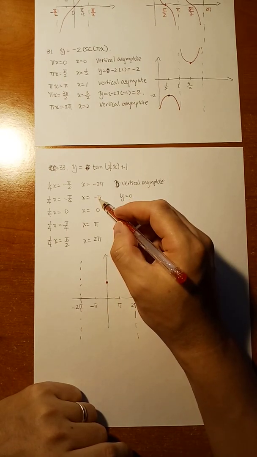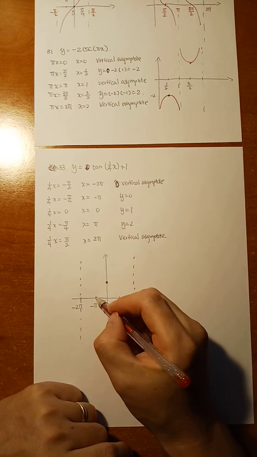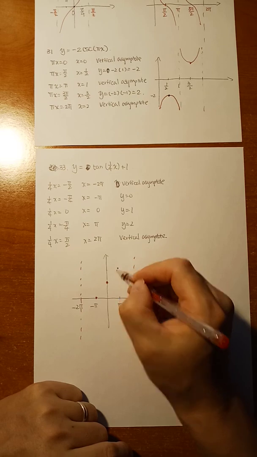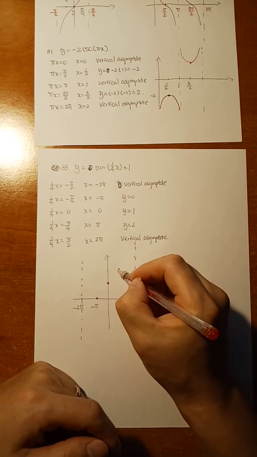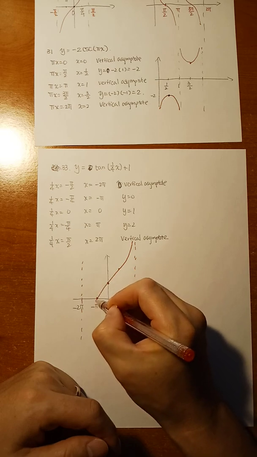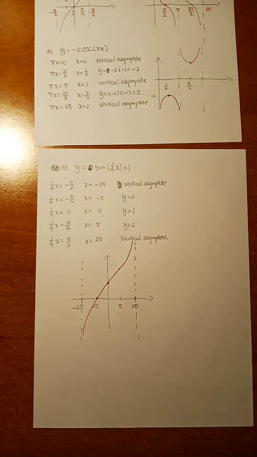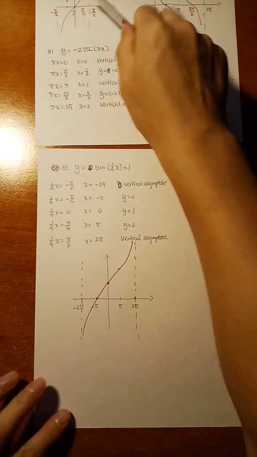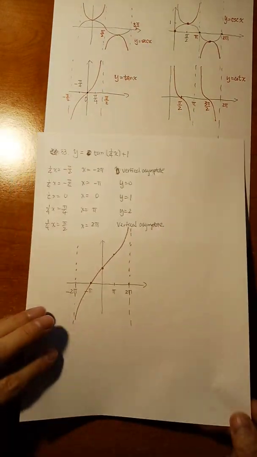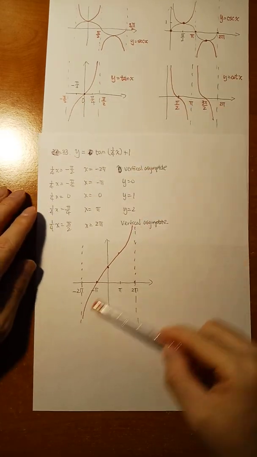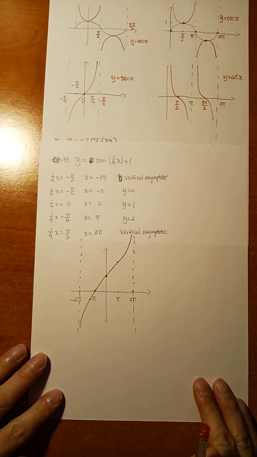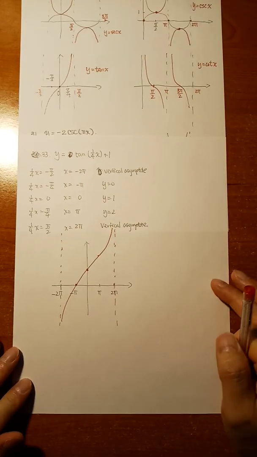At negative pi you get 0. At positive pi you have 2. So if I sketch it, it will be like this. See? Because the standard graph is like this, you just follow its trend to sketch it. Okay? So this is the second example.